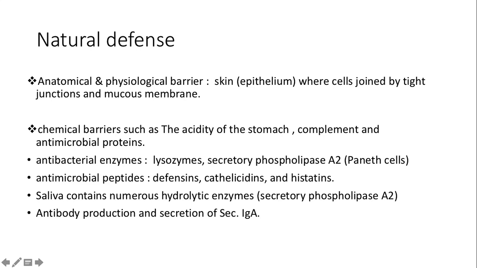This would be followed by the activation of the innate immune system, namely the complement system, the antimicrobial enzymes, the antimicrobial peptides, as well as the secretory molecules like the secretory phospholipase A, the mucus, as well as the secretory immunoglobulin A, which is the predominant class of antibody in the mucosal immune system, and it is produced locally by plasma cells in the mucosal wall.